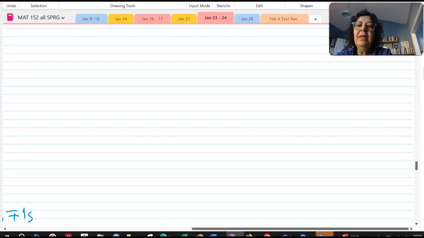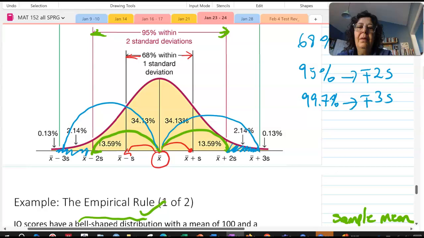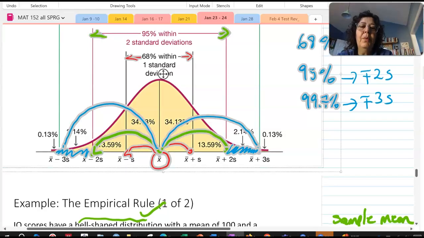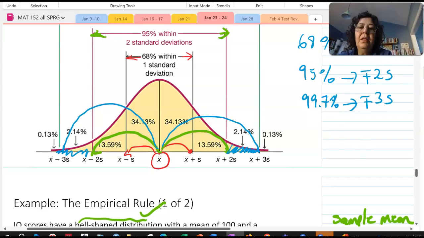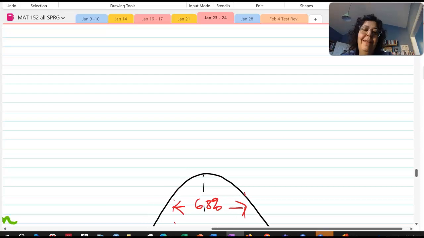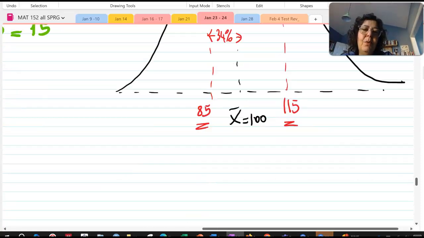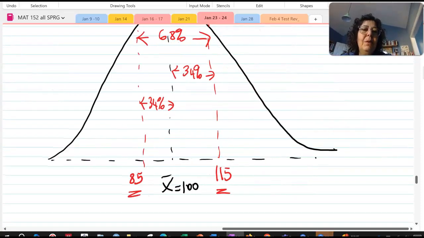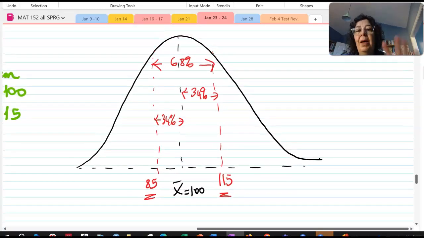I'm not taking this picture's detailed 34.14 or 13.59. All right, so this is a kind of easier and more convenient way of dealing with the percentages, so we can go with that. Okay, so let's keep that in mind.